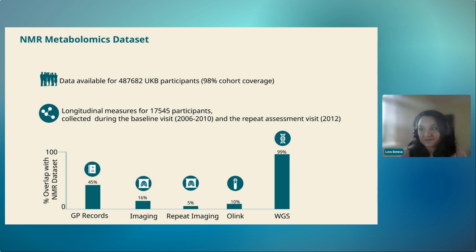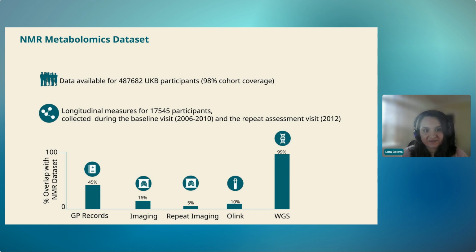One of the most valuable aspects of the UK Biobank resource is, of course, that we have data across multiple modalities. I have some data here on the coverage between different data modalities we have in the resource and the NMR study. About half of the participants within the NMR study have GP record data available, but we are hoping to extend that very soon.